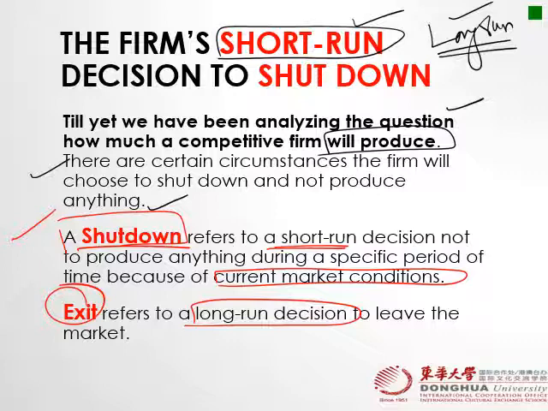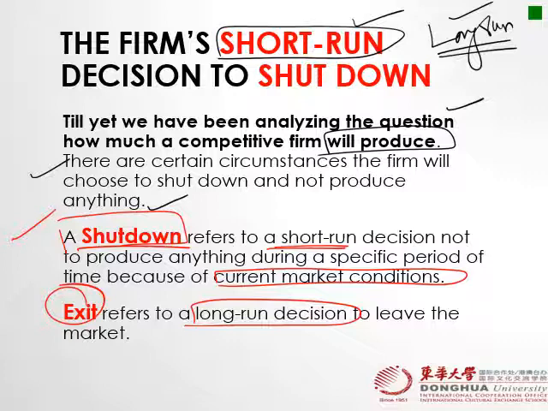So next we are basing our profit analysis and production decision analysis on the long run and short run. First of all, shutdown. Shutdown is a short run strategy or decision not to produce anything during a specific period of time because of current market conditions.